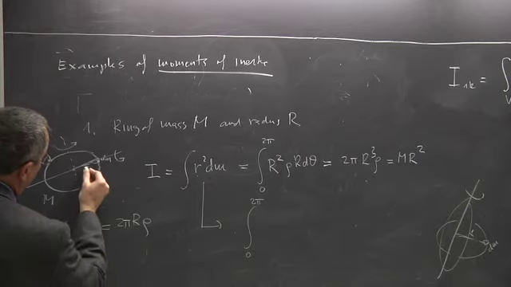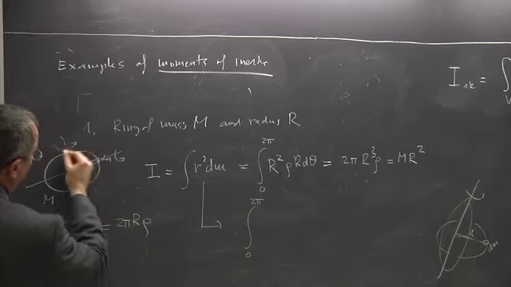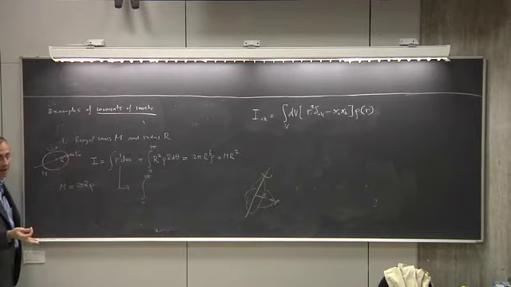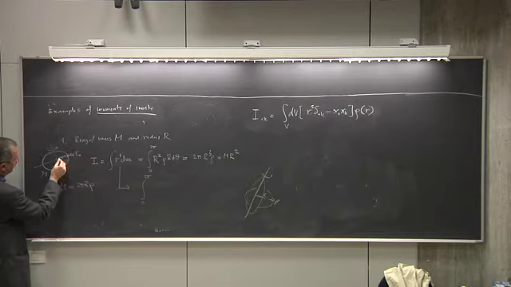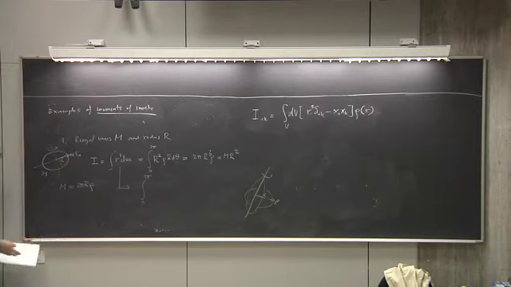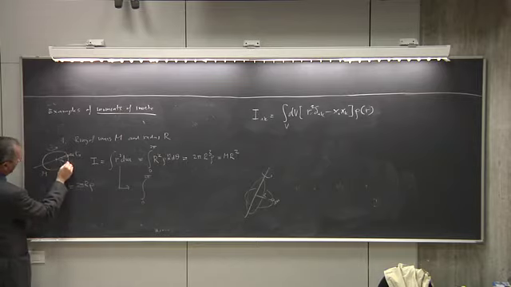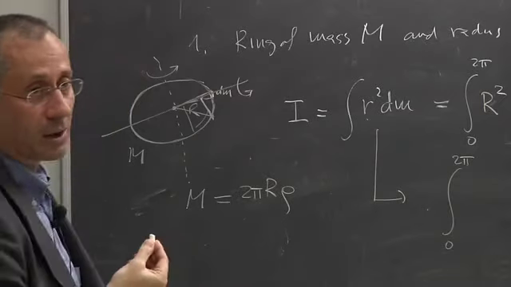Before it was simple because you were rotating about the center, so this distance was big R. Now it's a little more complicated because the distance is this one here, the component in that direction. So when you are up here, this distance is not R any longer.